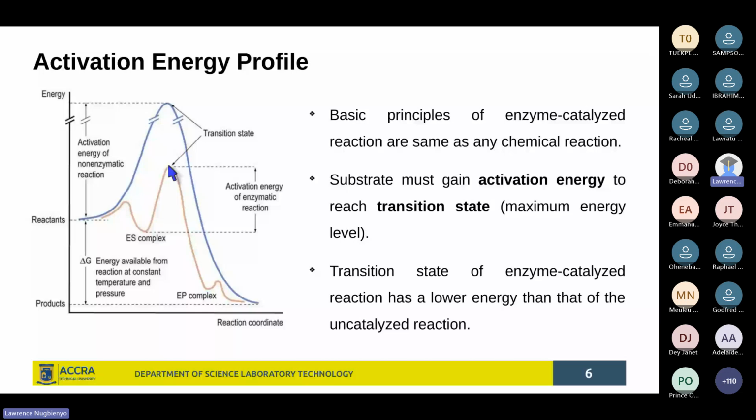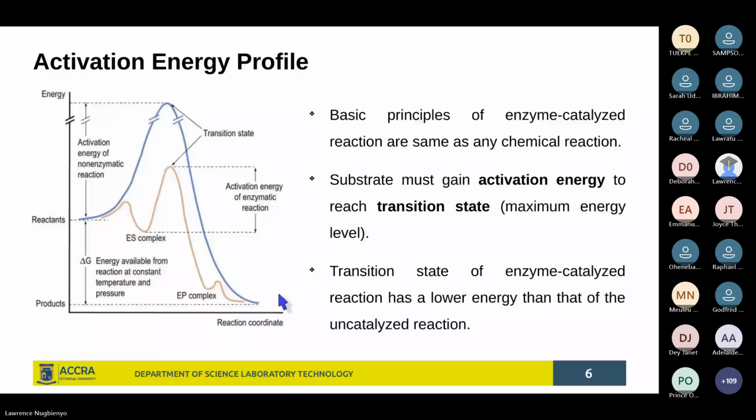A lesser amount of energy is needed, and lesser time is required for the reaction to proceed to form the products. All right, so that's a basic principle for all catalyzed and uncatalyzed reactions, which is the same for enzymatic and non-enzymatic reactions.